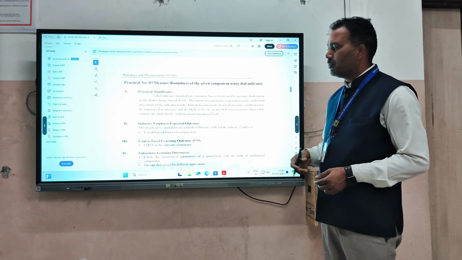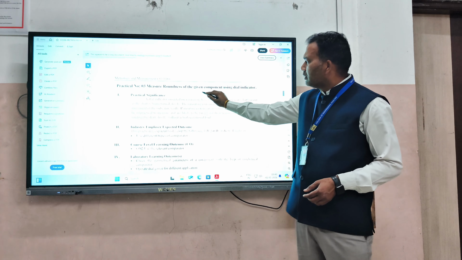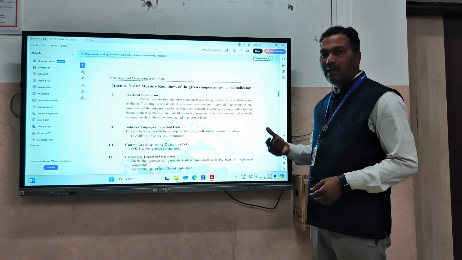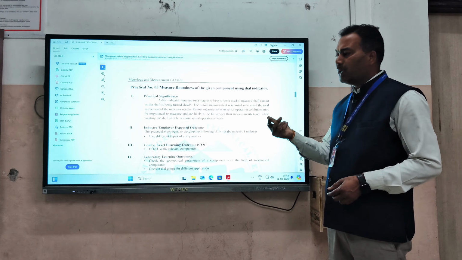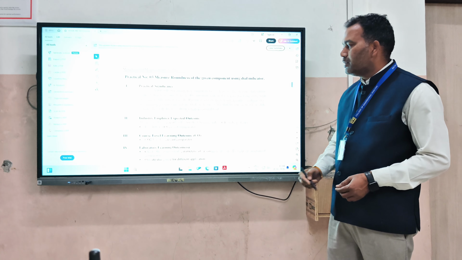These are the different types of comparators. Apart from that, we will use here the dial gauge indicator, which is one of the mechanical type comparators. So the course level learning outcome is to use the relevant comparator.